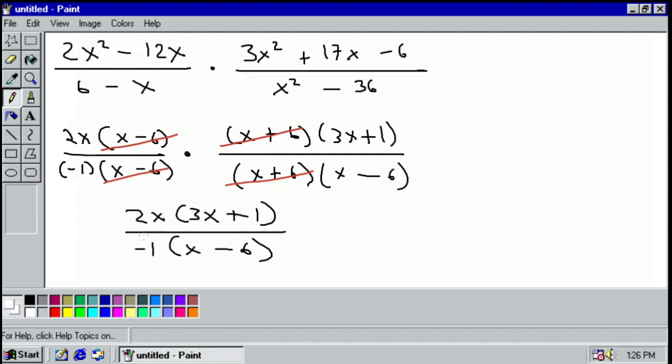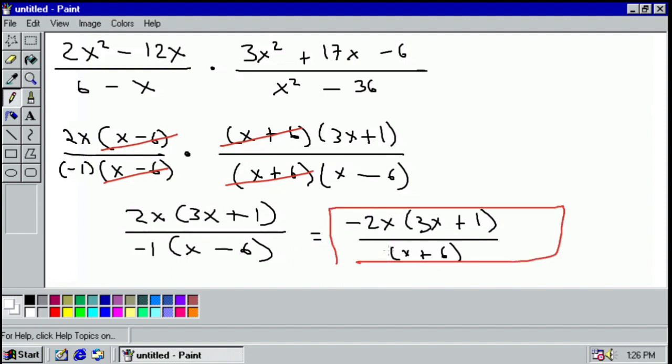So we can actually divide 2x over negative 1, so it will become negative 2x times 3x plus 1. And on the bottom part we have x minus 6. So this is your final answer. So that's it for this video. Thanks for watching.